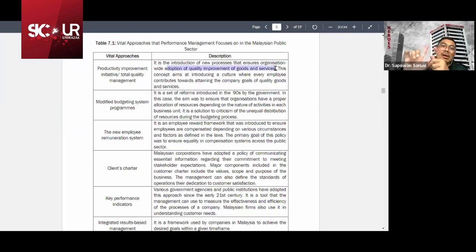Total quality management talks about two terms: the first, efficiency, the second, effectiveness. Speaking about efficiency, it could narrow down to cost, to financial terms, about the profit, about costing, about what we call cost reduction and productivity.